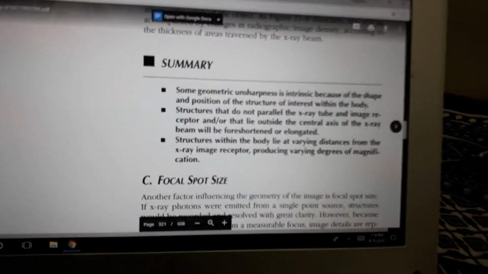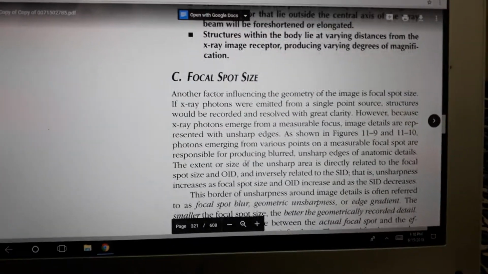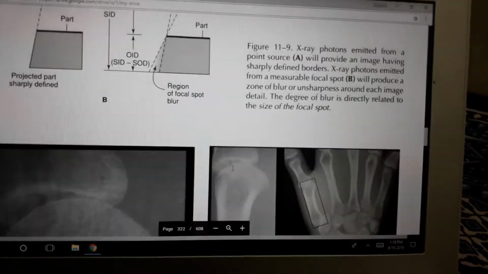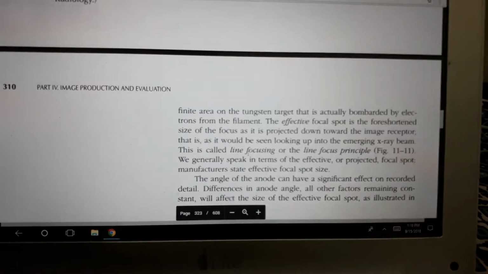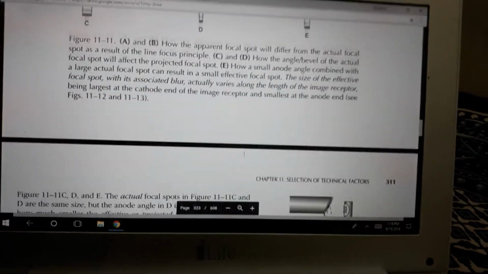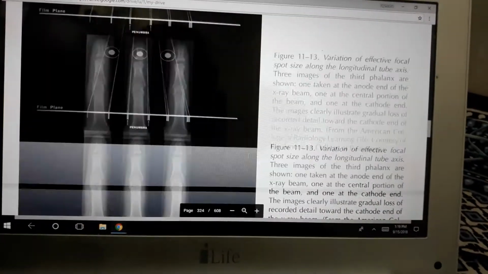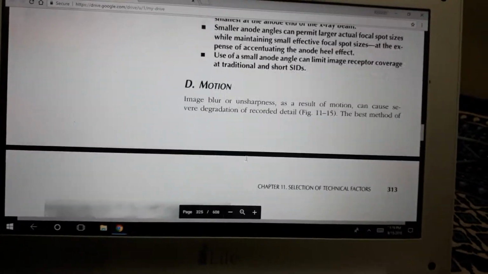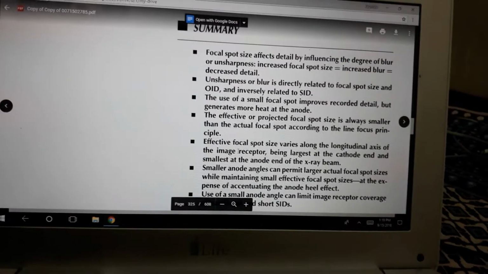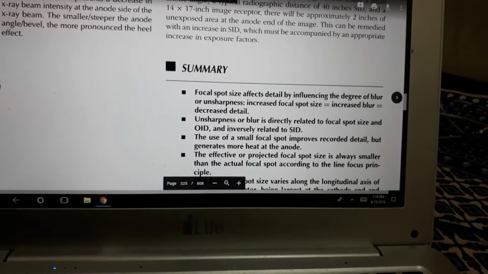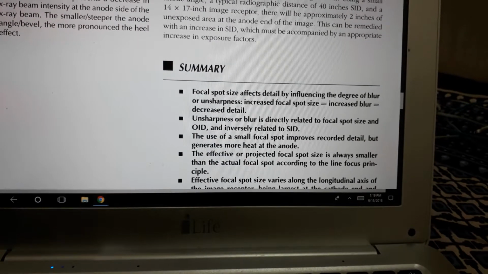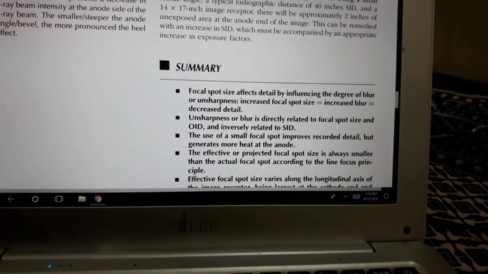Focal spot size. Summary: the focal spot size affects detail by influencing the degree of blur or unsharpness.